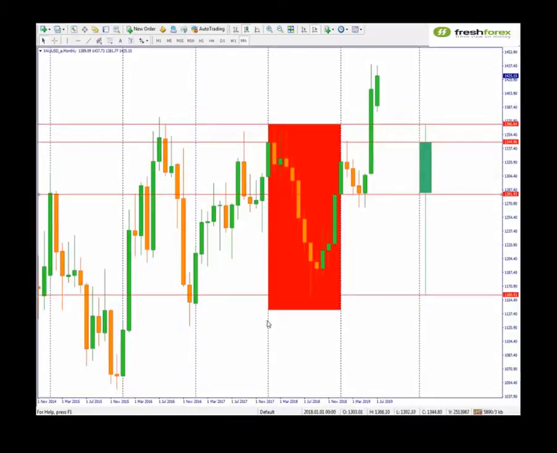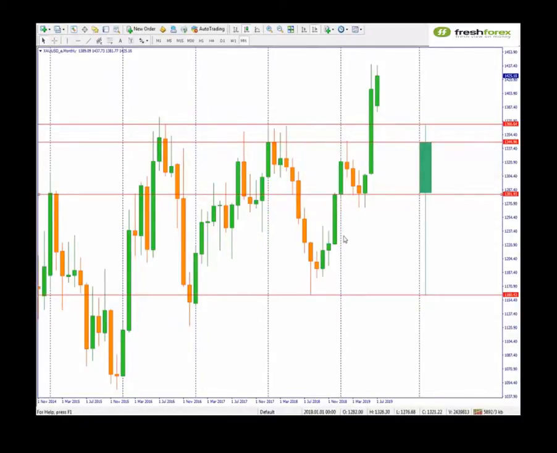So if you represent the entire last year, you'll have something like this. This is like a bullish pin bar, and it means that this coming year, which is now 2019, we still expect price to proceed even higher.